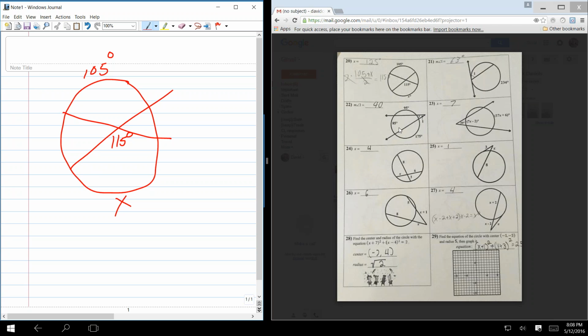The 1/2 is involved in almost all of the general formulas. But if it's intersecting inside, then it's 1/2 of the sum of the 2 arcs. That's almost a general rule, at least for intersecting chords inside the circle.